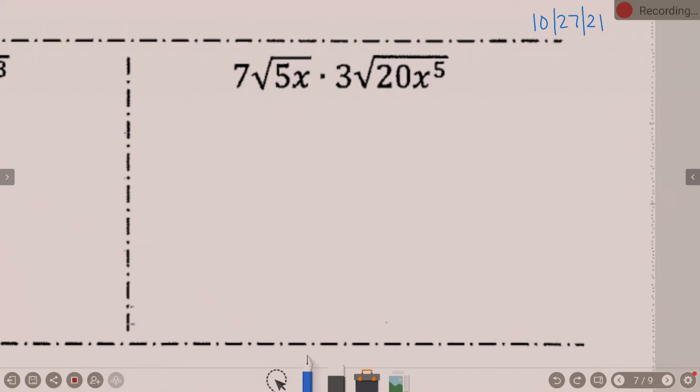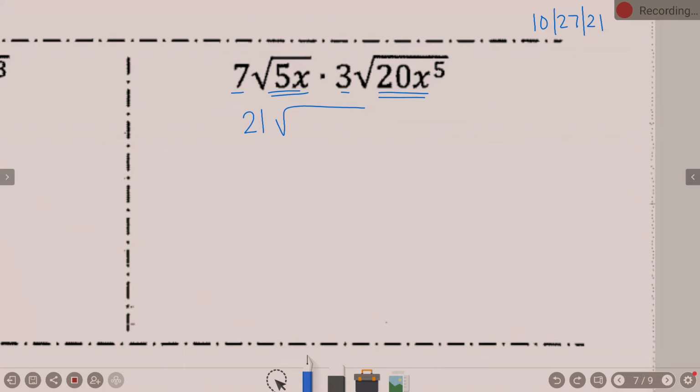Now, keep in mind, outside pieces are going to multiply with outside pieces, right? So 7 times 3? 21. And then we're going to multiply radical with radical. So 5x times 20x to the fifth. 100x to the 6th.